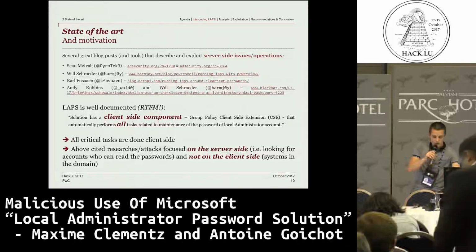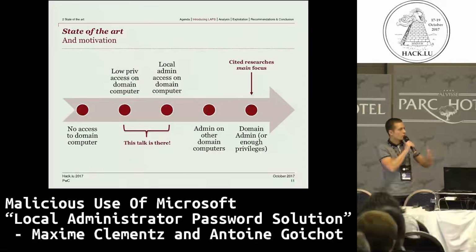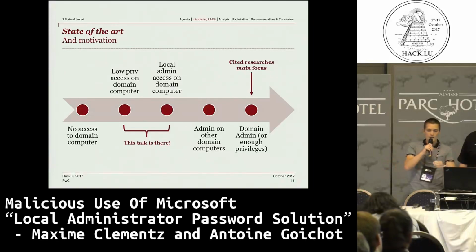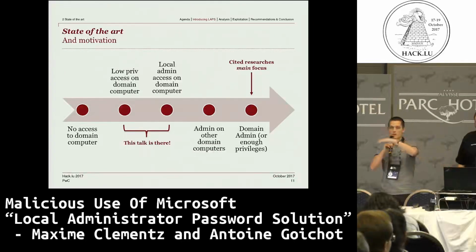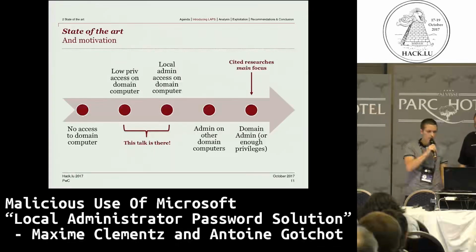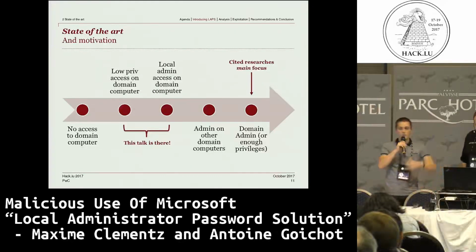And this is just a graphical way to justify what our talk is about. From left to right, it's the epic pwning way of owning a Microsoft environment. We start on the left with no access at all to the domain. On the far right, you are domain admin and you can do whatever you want.